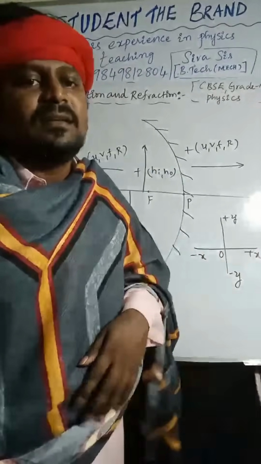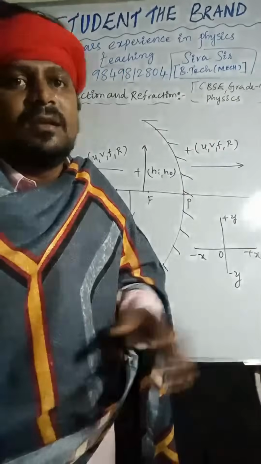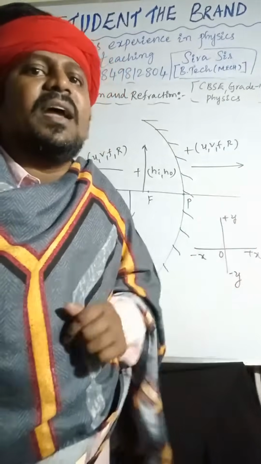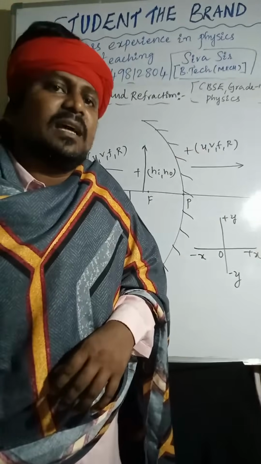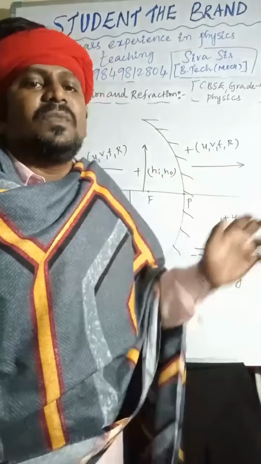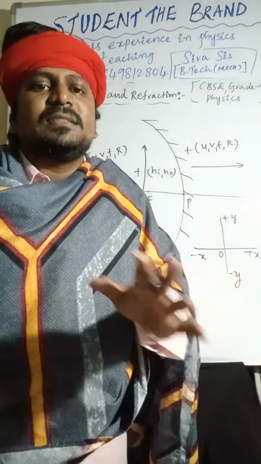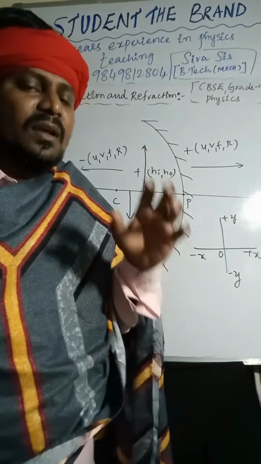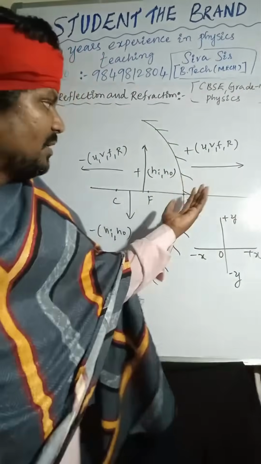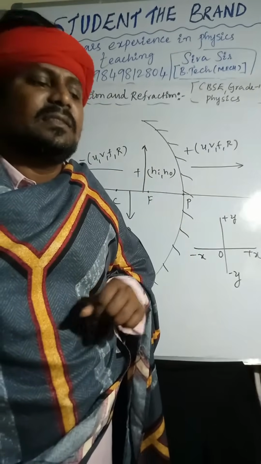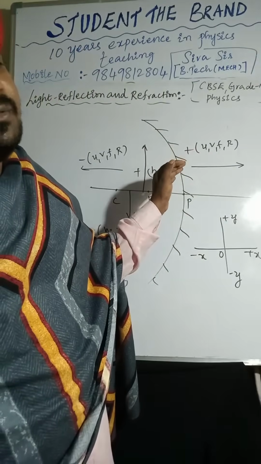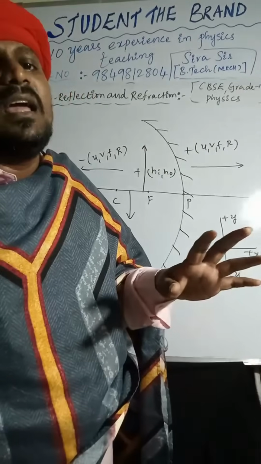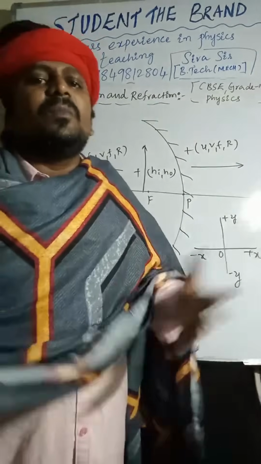New Cartesian, sign convention, new Cartesian, sign convention, all distance measured from the pole, distance positive along the instant rays, distance are negative, opposite to instant rays, distance are positive, above the principal axis, distance are negative, below the principal axis.